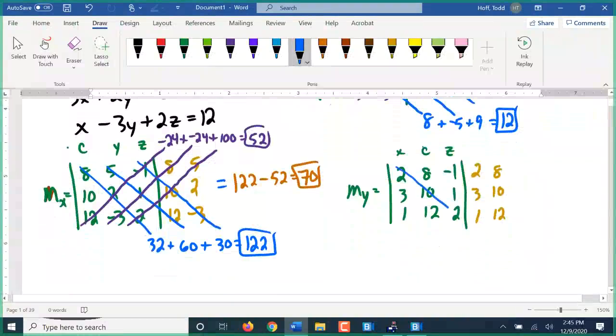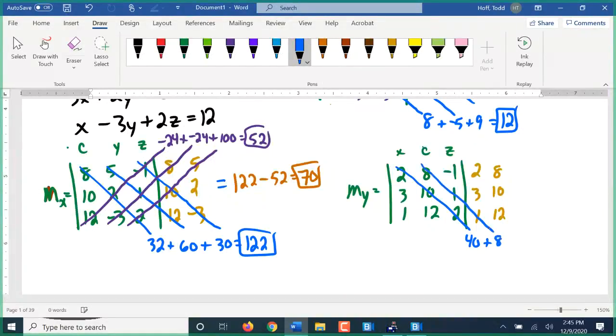So 2 times 10 times 2 is 40, plus 8 times 1 is just 8, plus negative 1 times 3 is negative 3 times 12 is a negative 36. So that makes 48 minus 36 is going to be a 12 for our down diagonal total.